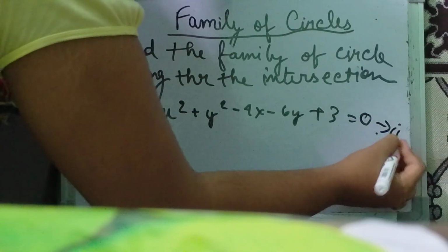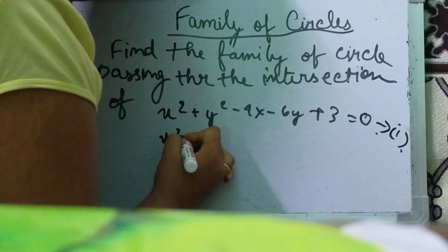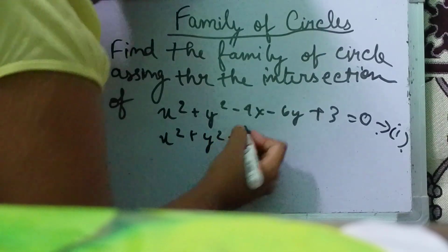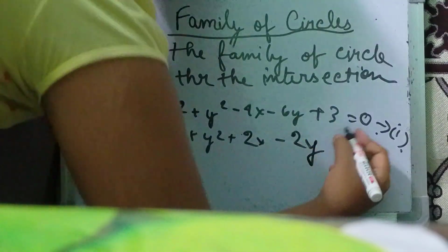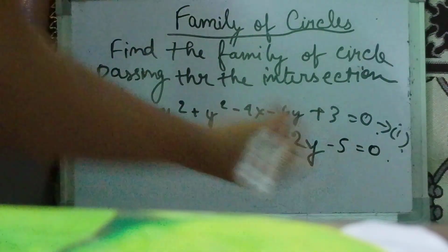This is one equation. And there is another equation, x square plus y square plus 2x minus 2y minus 5 equals 0.